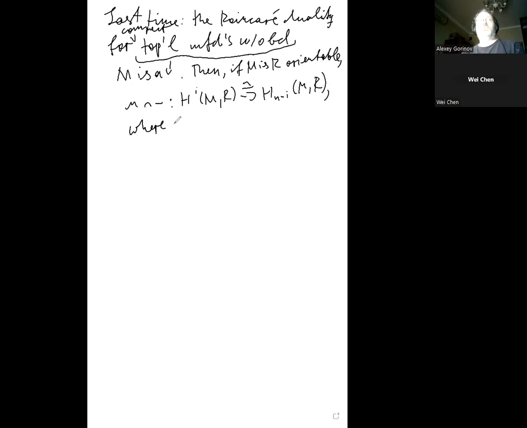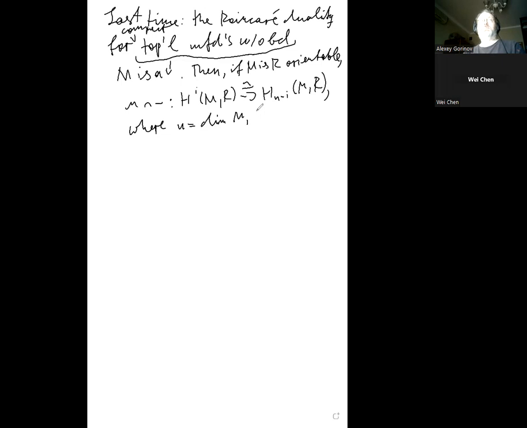In this isomorphism, to begin with, let's say that n is the dimension. What else?